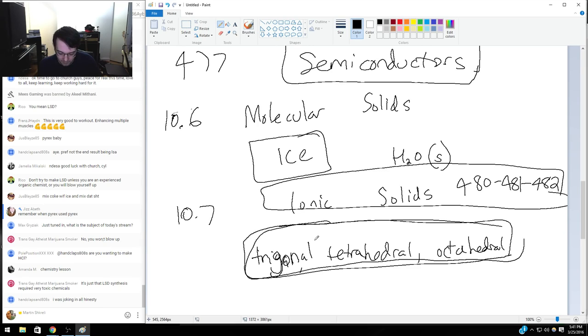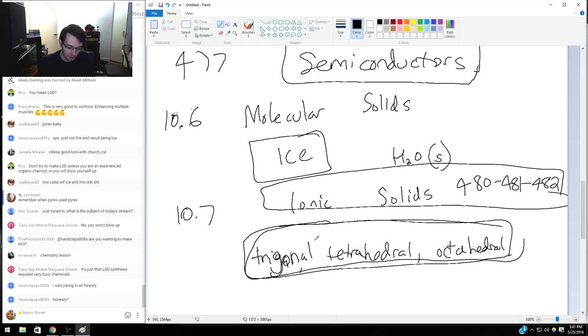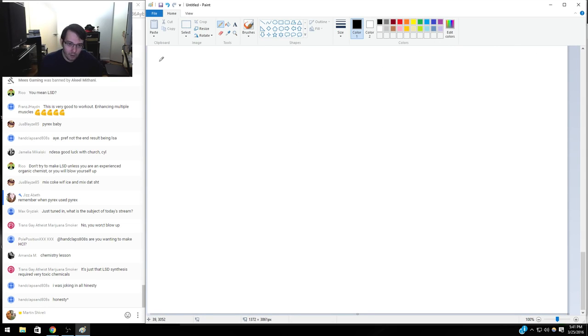Unless you want to become a material scientist, I don't think you're going to benefit from learning these. So let's go to the part where we do want to learn. And again, I'm always going to tell you when we skip stuff, so you can read it if you'd like, or you know what we're skipping at least. 483, vapor pressure and changes of state.